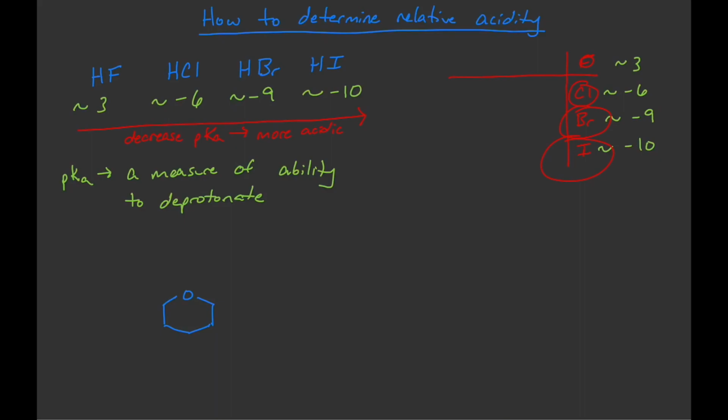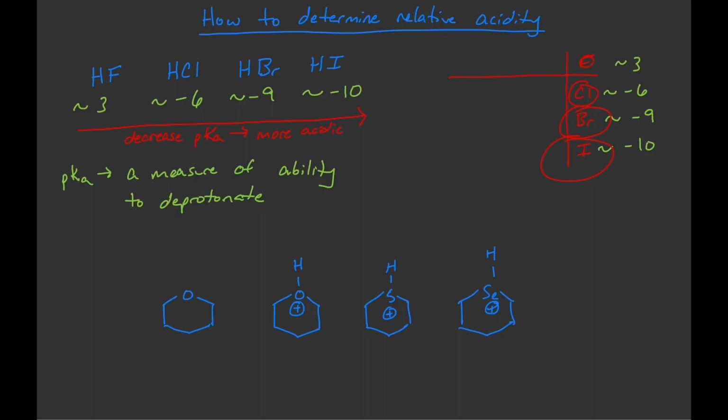We will do the protonated form of this compound, giving oxygen a plus charge. And then we'll do a sulfur compound, again with a plus charge. And then we'll do a selenium compound. Now we've moved over to organic compounds. We have carbons involved. We're no longer looking at inorganic acids.